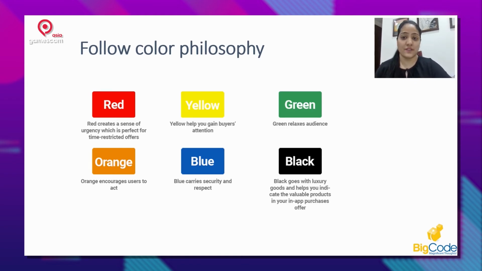Blue carries security and respect. Black goes with luxury goods; in most car racing games, black goes well with in-app purchases. And orange encourages users to have more engagement with the game. So do follow color philosophy and color combinations in the UI for in-app purchases.